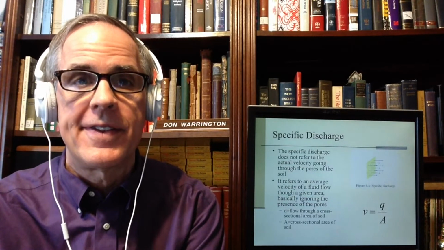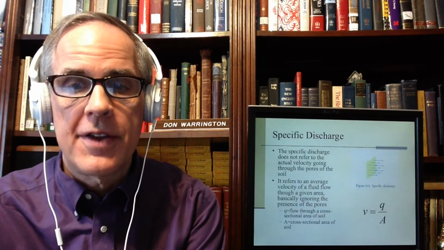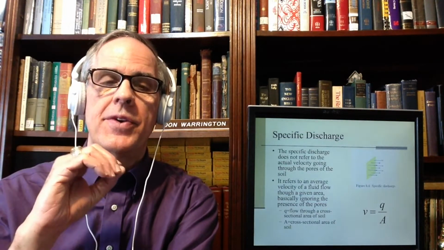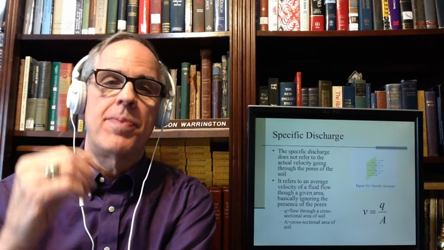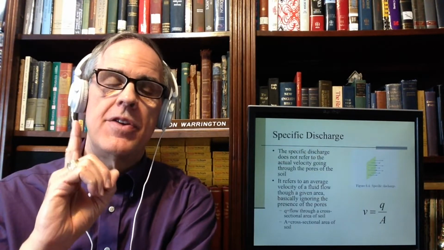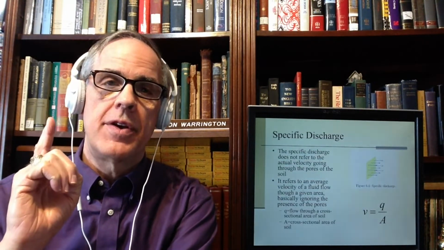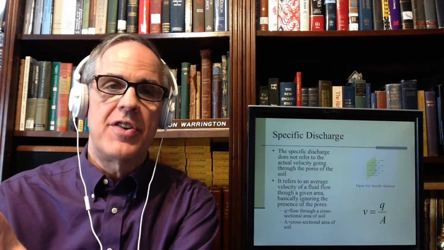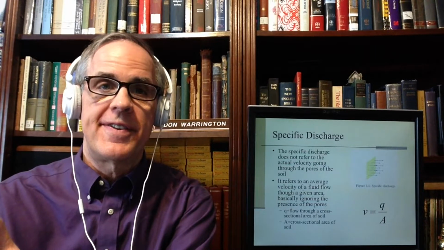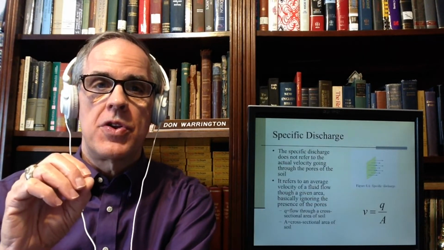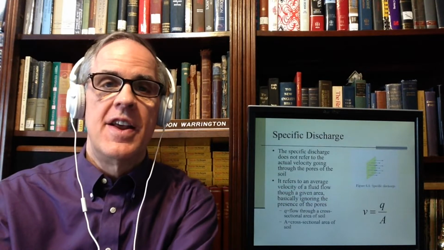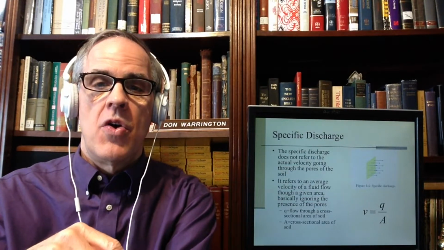It's essentially the same thing as the velocity. The reason it's called specific discharge as opposed to velocity is because if we've got a free fluid with no obstructions in it at all, just maybe friction on the side, then the average velocity is in fact the flow divided by the area.